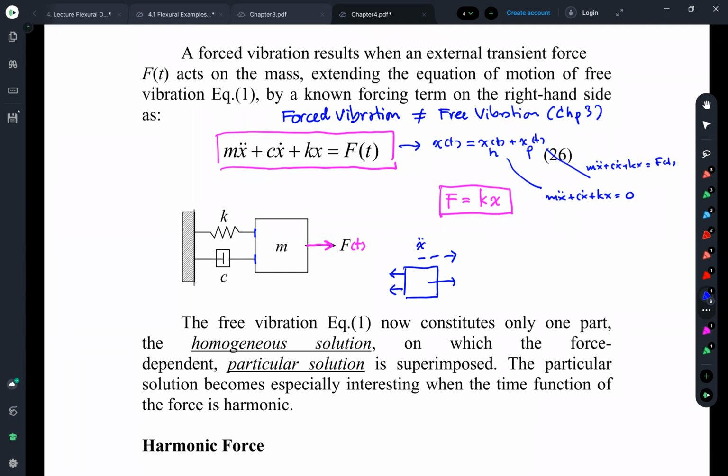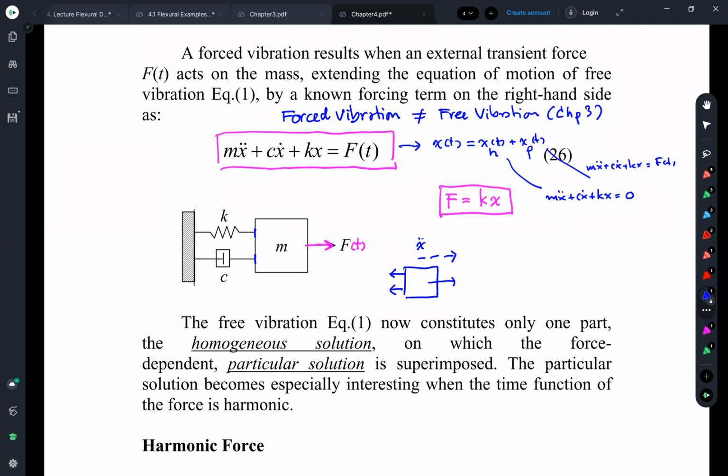Solving equation 26 directly, to guarantee that the left-hand side equals the right-hand side, you solve only x sub p, the particular solution. In the particular solution, you don't have any arbitrary constant to take care of the 2 initial conditions. That's why we need to combine it with x sub h, the homogeneous solution.